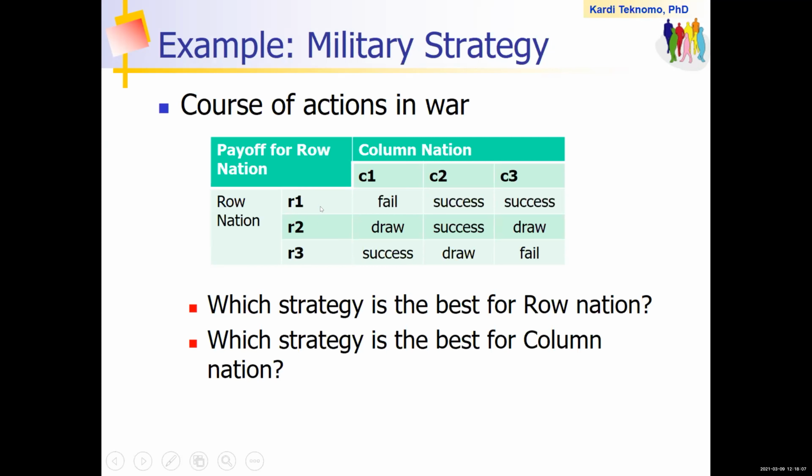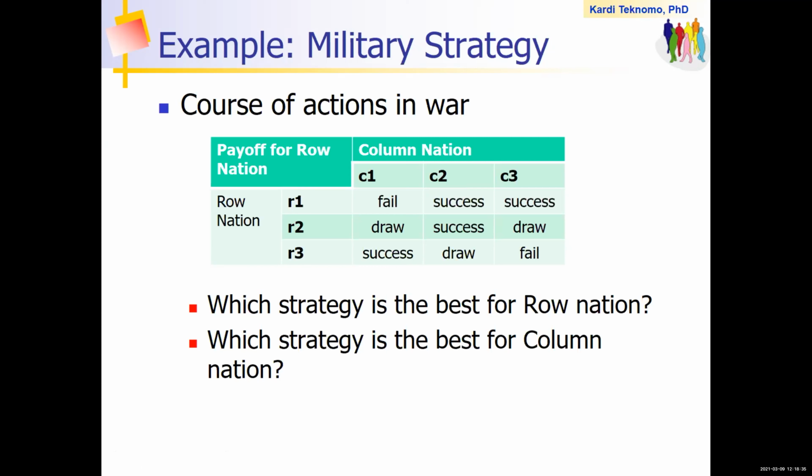If row nation decides on R1 and column nation decides on C1, the result is failure for row nation. But if row nation does R1 and column nation decides to use C2, then it is success for row nation.